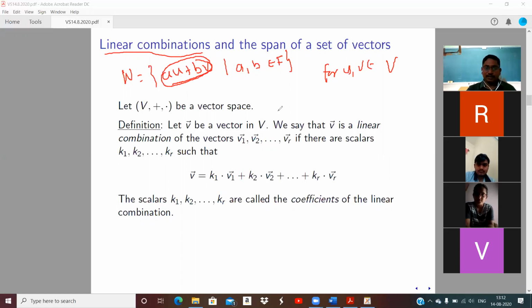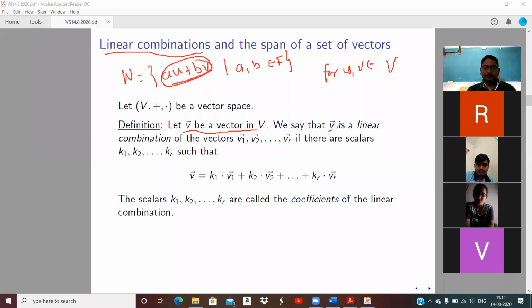So that concept can be generalized here. Suppose V bar is a vector in V. Every vector in W is a linear combination of this. Any vector V in V, no need to write bar also, but for understanding we'll write it sometimes.